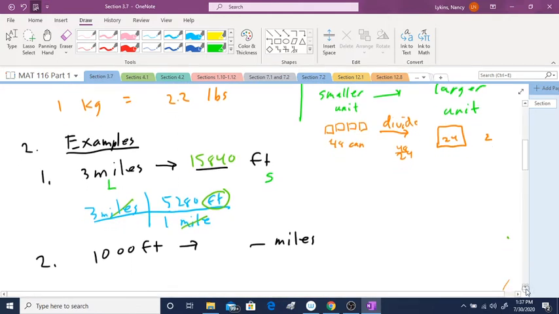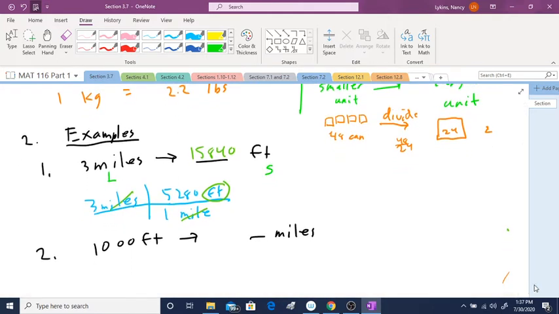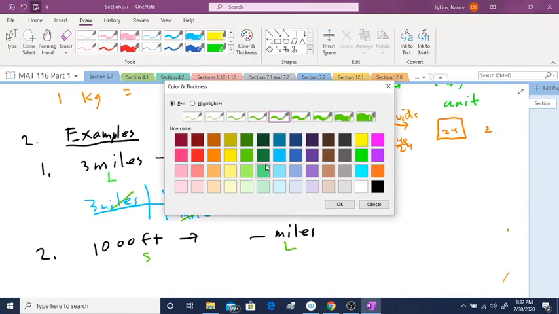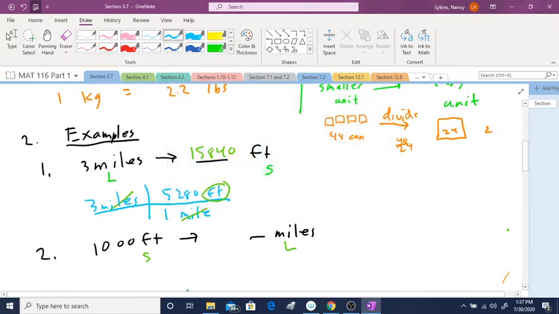Okay, what about number 2, 1,000 feet is how many miles? Well, notice that's going to be small to large because feet are smaller, so I know I need to divide. I'm going to take 1,000 feet, and I know 1 mile is 5280 feet.